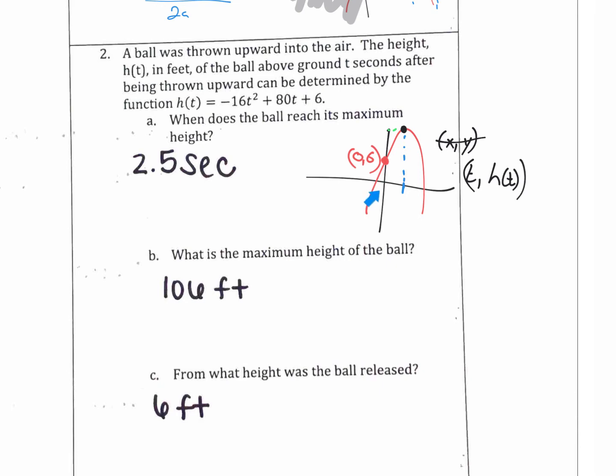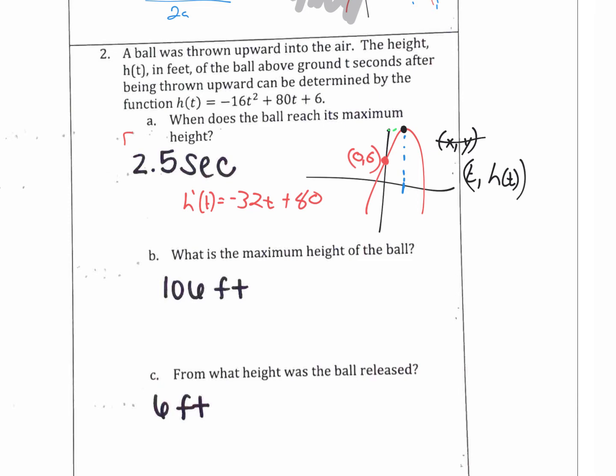Well, if I have my graphing calculator, I can just punch that in for y1, and then I can use my calculations options to figure out the maximum. Or I could find h prime of t, which would be negative 32 t plus 80.